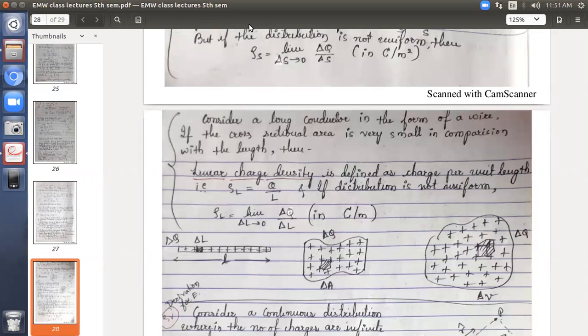Any doubt here? Please, you can ask me. The doubt probably may be this one only: why we should go for delta. It's a general tendency, even in your integrations you have done this: you take a smaller value, only for a small portion you apply the concepts, and to get the complete answer, you integrate the terms.